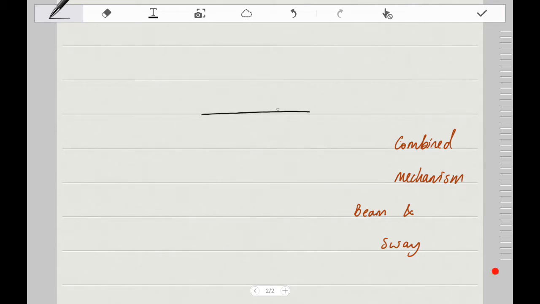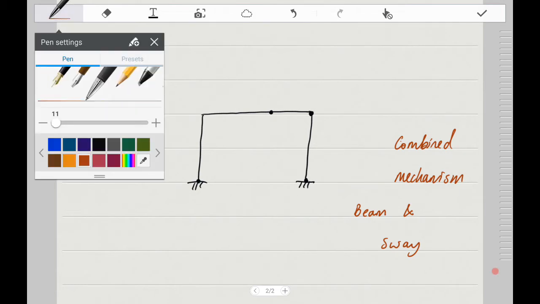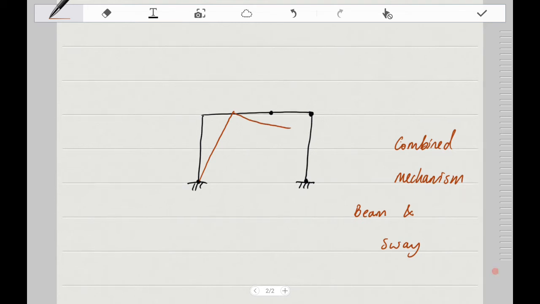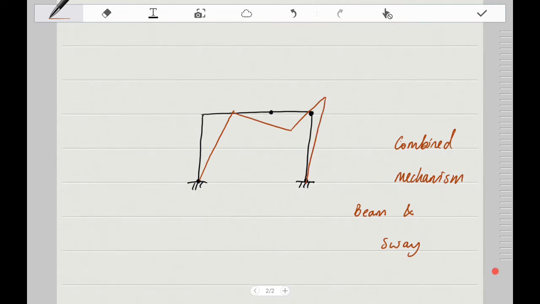Okay, so let's draw our frame. Here is your portal frame. What will happen is you'll generate hinges here, here, here, and here, and so you end up with a mechanism that looks something like that.